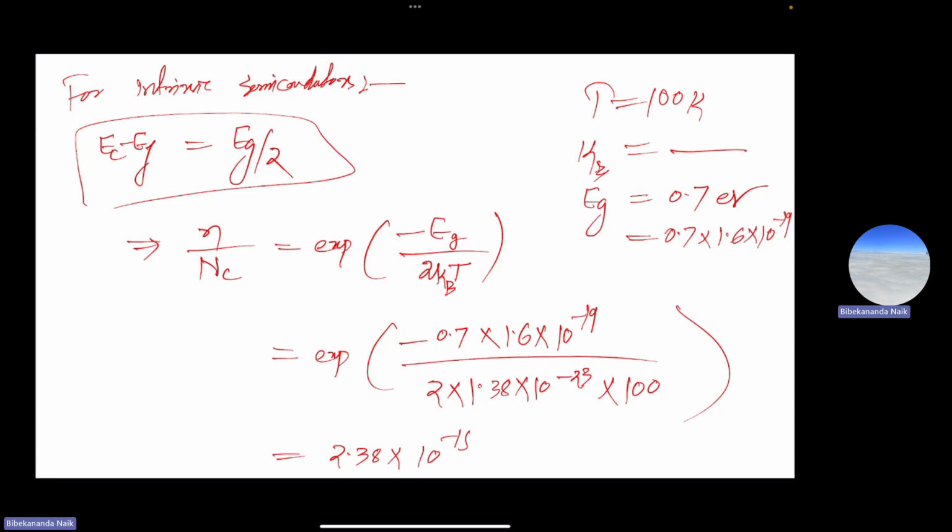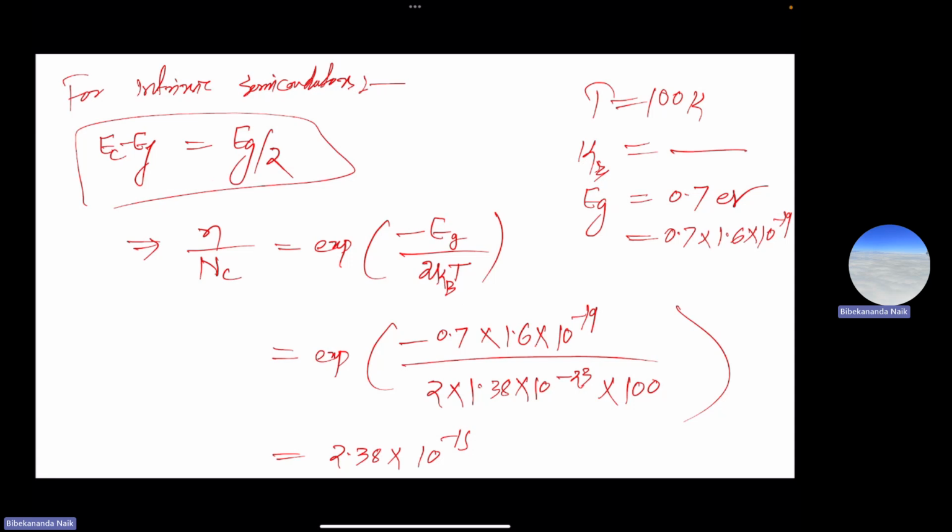So you see, this is the fraction, that is, if there is some amount of electrons present, only 2.38 into 10 to the power minus 18 fraction of electrons will be excited from the valence band to the conduction band.